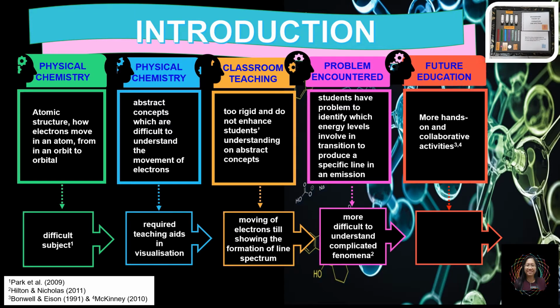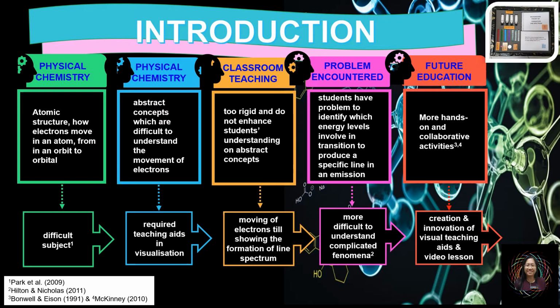According to researchers like Bonwell and McKinney, more hands-on and collaborative activities enhance an active learning environment. Therefore, there is a need for more creation and innovation of visual aids and video lessons as our study's implication for future education.